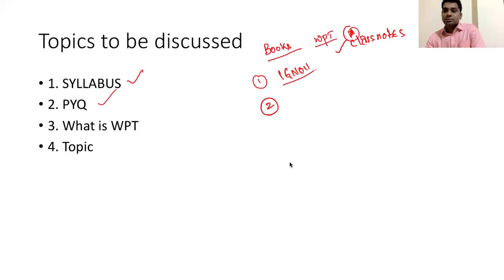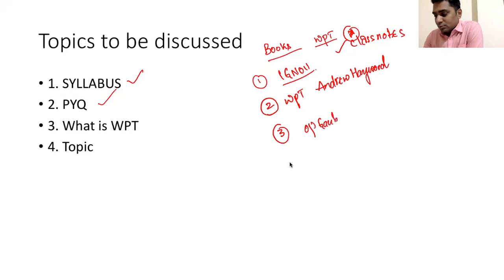Apart from Igno, some standard books: Western Political Thought by Andrew Heywood, and O.P. Gauba, Western Political Thought. Or you can also refer to Sushila Ramaswamy and Subrata Mukherjee.